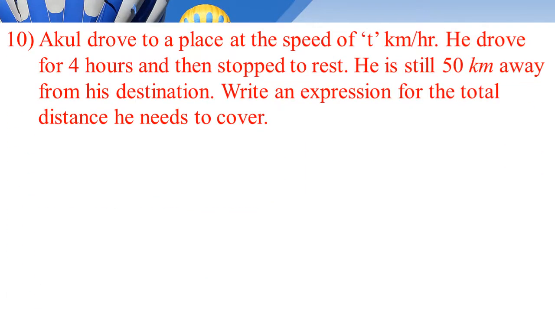The last problem. Uncle drove to a place at the speed of 3 km per hour. He drove for 4 hours and then stopped to rest. He is still 50 km away from his destination. Write an expression for the total distance he needs to cover.